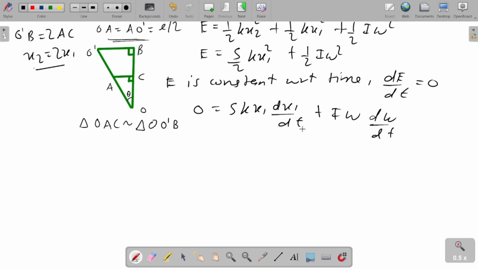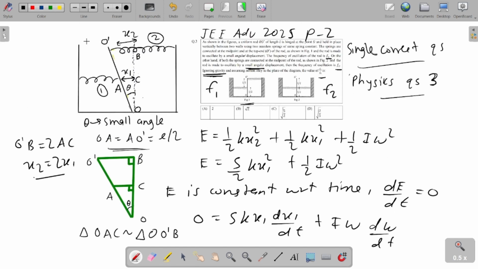Now, as we all know, dx by dt is just velocity. V is equal to dx by dt. Similarly, dx1 by dt is nothing but the velocity of this point A, which is v1. So v1 refers to the rate of change of this x1.